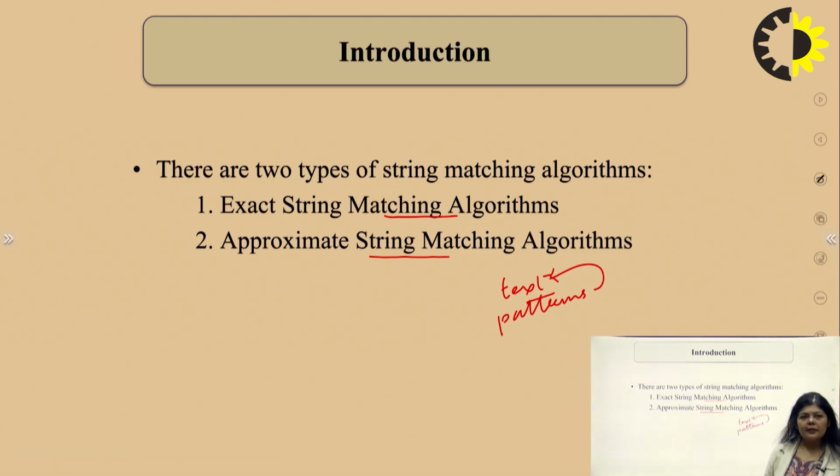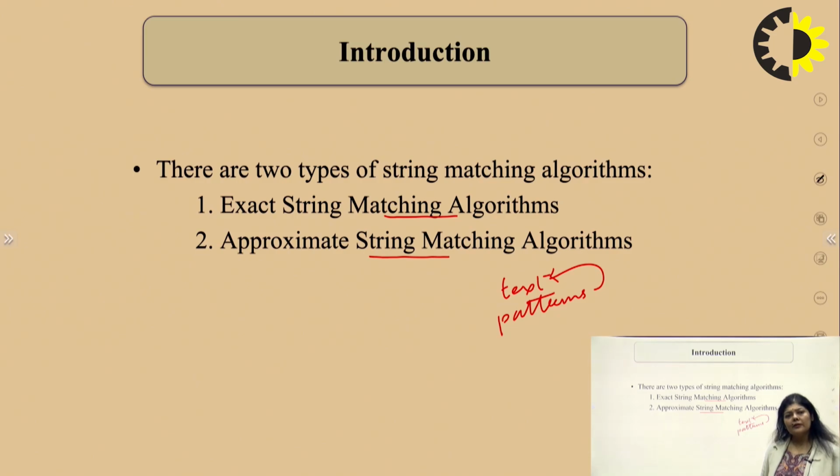There could be instances, for example, where exact string matching is going to take up a lot of time. Since we have a huge amount of text or string, and we try to find the pattern, it is going to take a lot of time. So if there is a constraint over the time and I want the result within a given time constraint, then in that case we can have an approximate string matching algorithm.